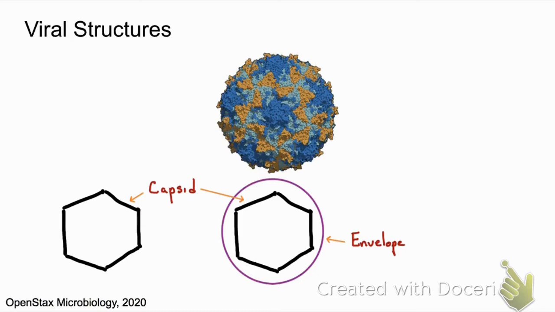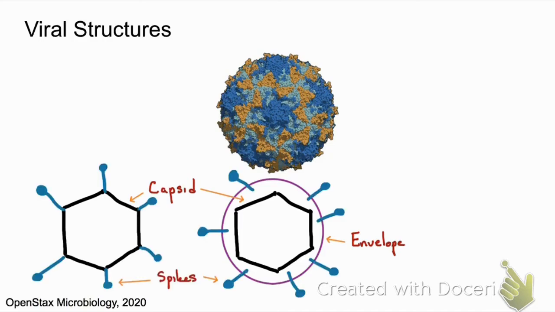The capsid on the right-hand side is coated by what we call an envelope. The envelope is made of a phospholipid bilayer that is produced from the host cells from which the virus comes. The virus can gain this envelope as it is budding out of the host cell or exiting out of the host cell.